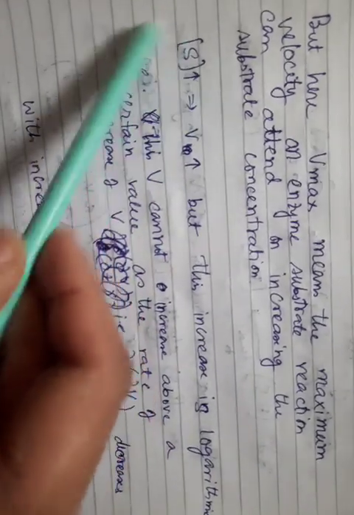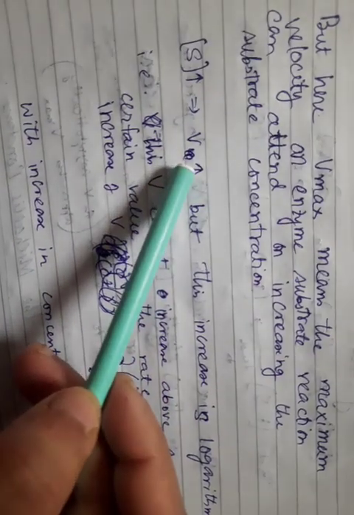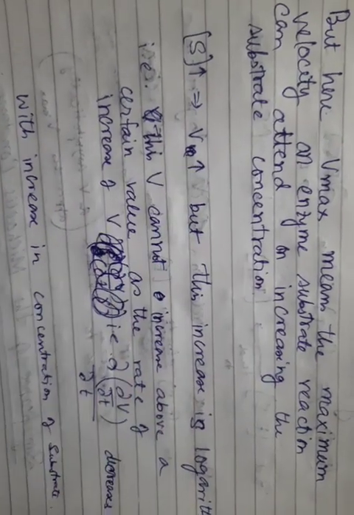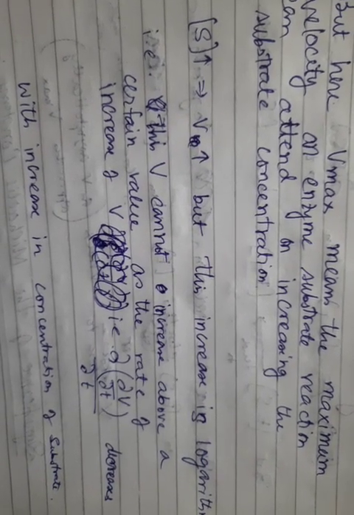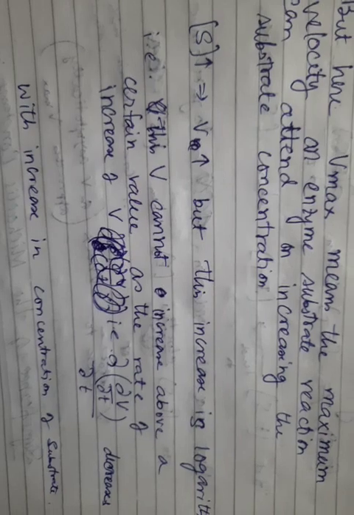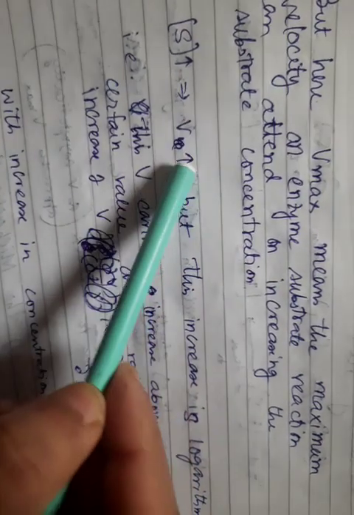So with increase in substrate, the rate increases, because at all times some of the enzymes might not be working. On increasing the substrate, the working of the enzymes increases, and it increases in a logarithmic way.